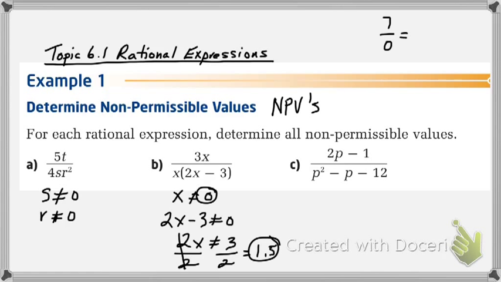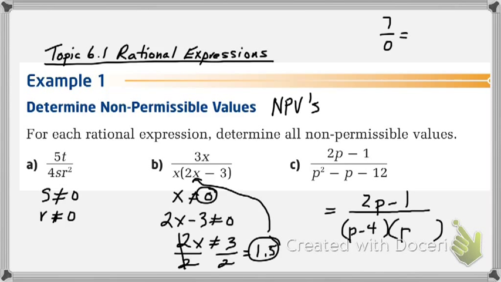On our third example, our denominator is p squared minus p minus 12. To factor that, we're going to get p times p, and we're going to find two numbers that multiply together to give me negative 12 and add up to negative 1, and that's going to be p minus 4 and p plus 3.